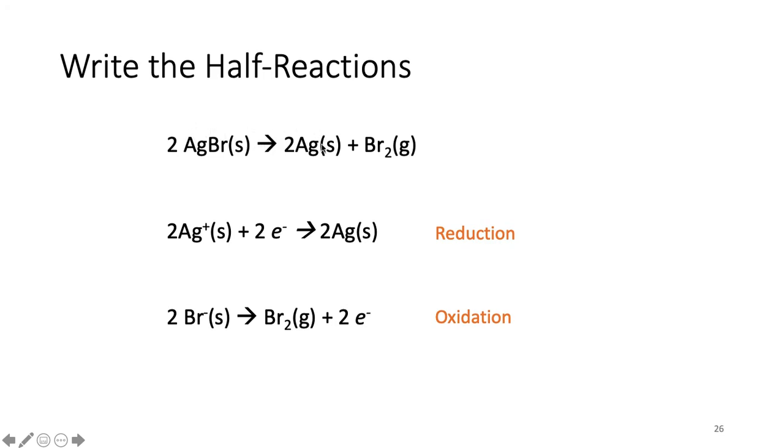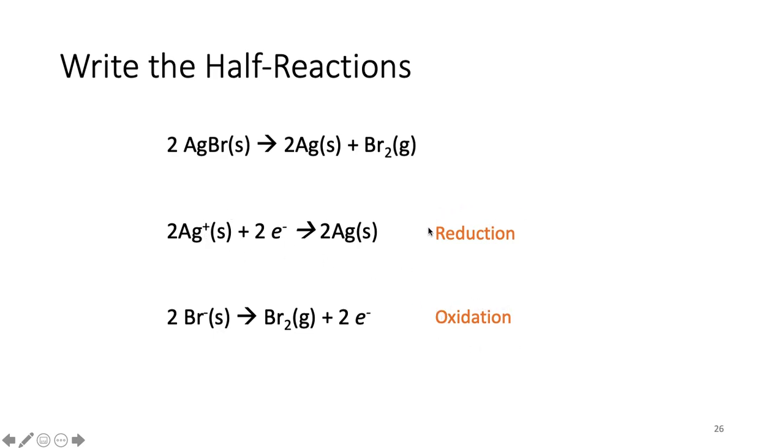It's becoming less positive. Because it's becoming less positive or more negative, it's gaining electrons, so it's being reduced. Bromine is going from a -1 to a 0, which means it's becoming more positive. And because it's becoming more positive, it's actually losing the electrons and it's being oxidized.